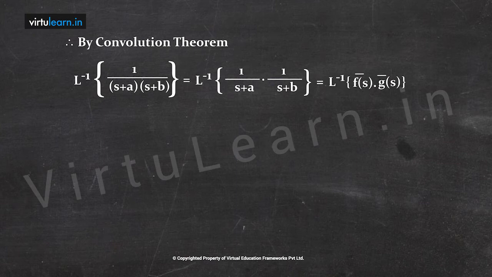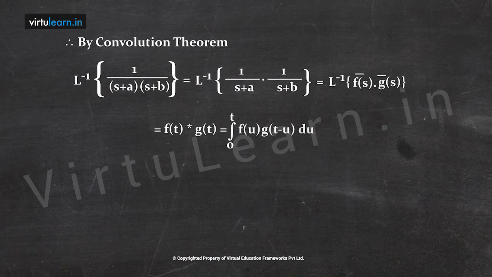From the theorem statement, L inverse of f bar of s into g bar of s is f of t star g of t, according to the convolution theorem. Now, f of t star g of t equals the integral from 0 to t of f of u g of t minus u, du.